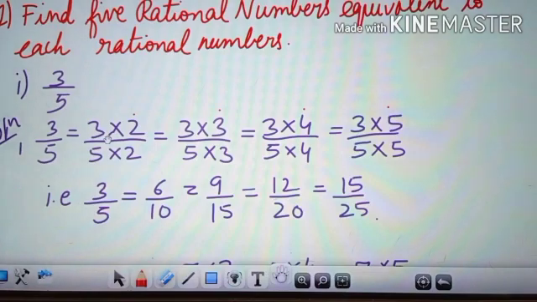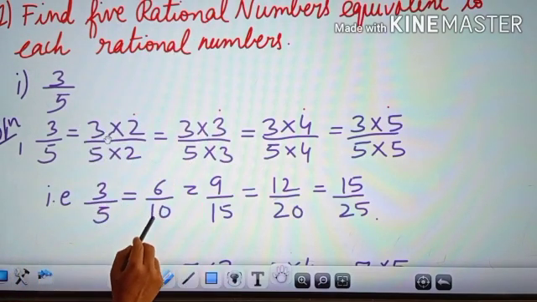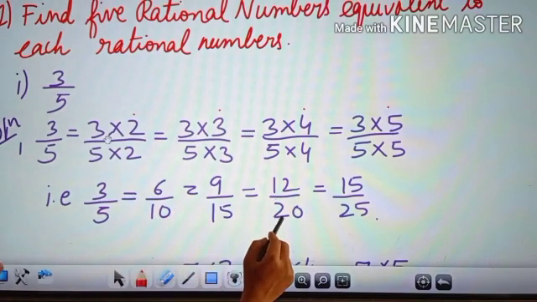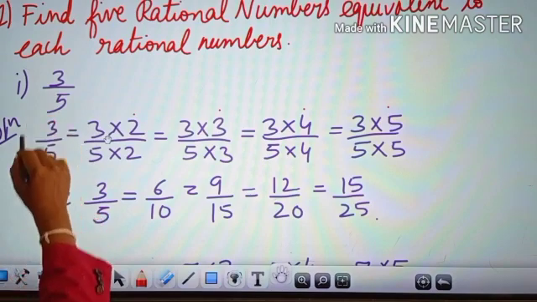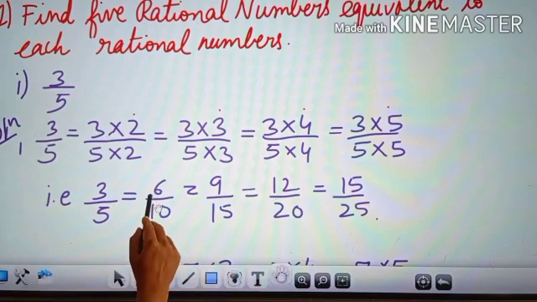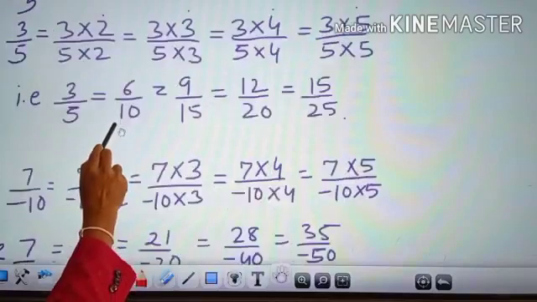So the 5 rational numbers are 3 upon 5, 6 upon 10, 9 upon 15, 12 upon 20 and 15 upon 25. Now see the second question, then you will understand properly.